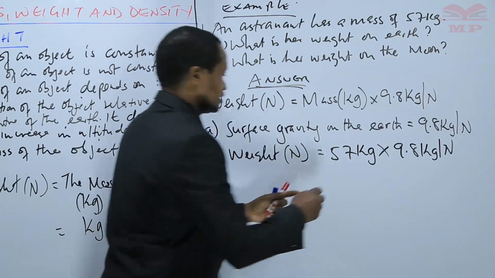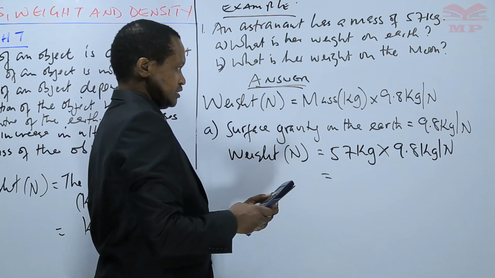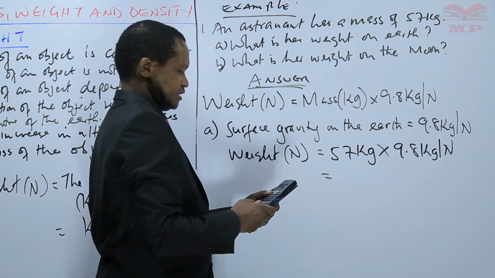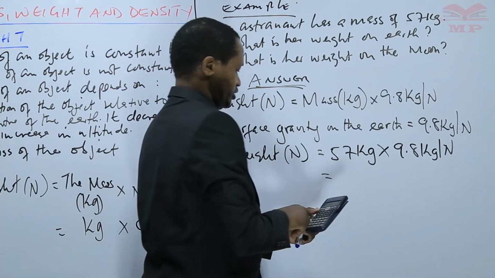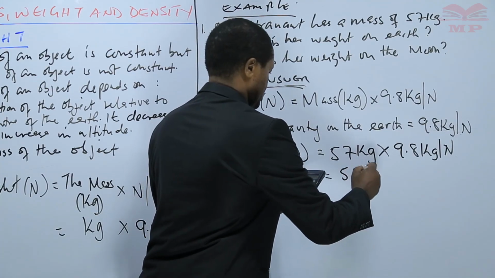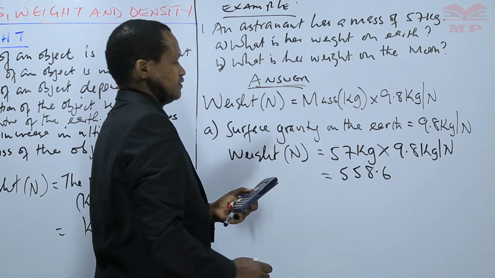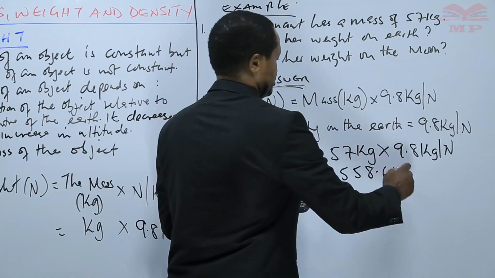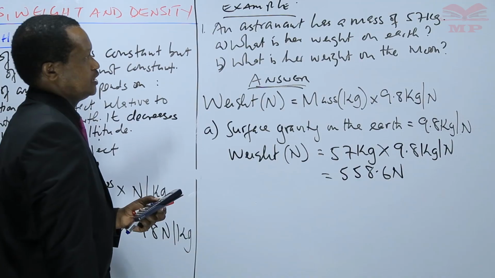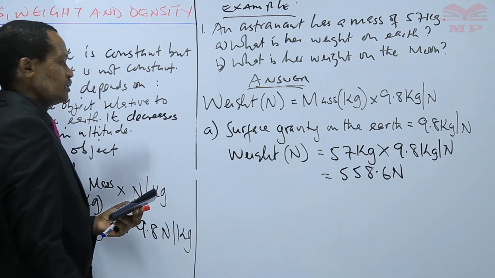So the answer here is 57 times 9.8, which is equal to 558.6 newtons. That is the weight of a mass of 57 kilograms. Then B.